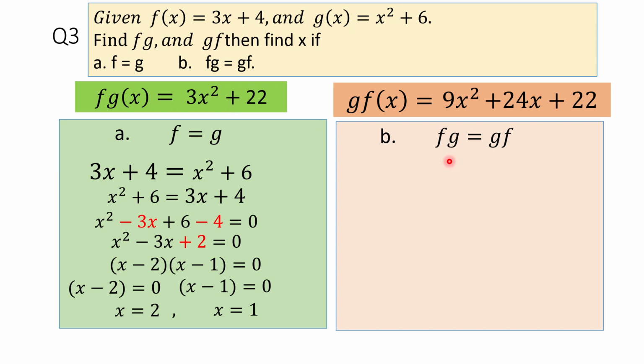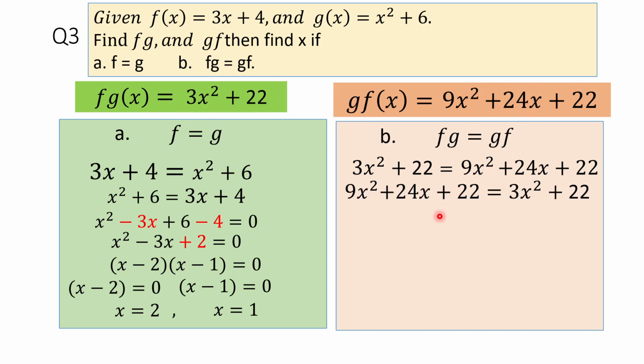So use the functions you have already got. Substitute. Now I'm going to flip this equation. Now rearrange. Bring positive 3x squared from right hand side to left hand side.